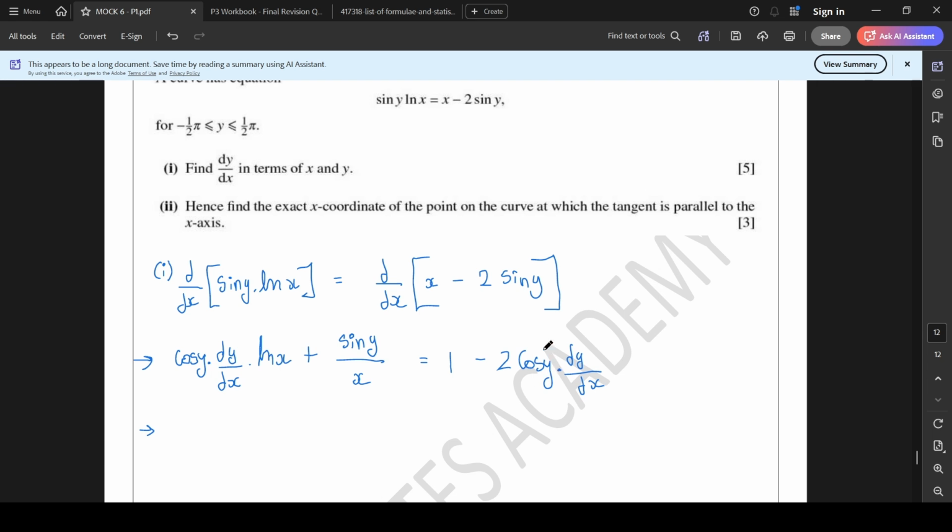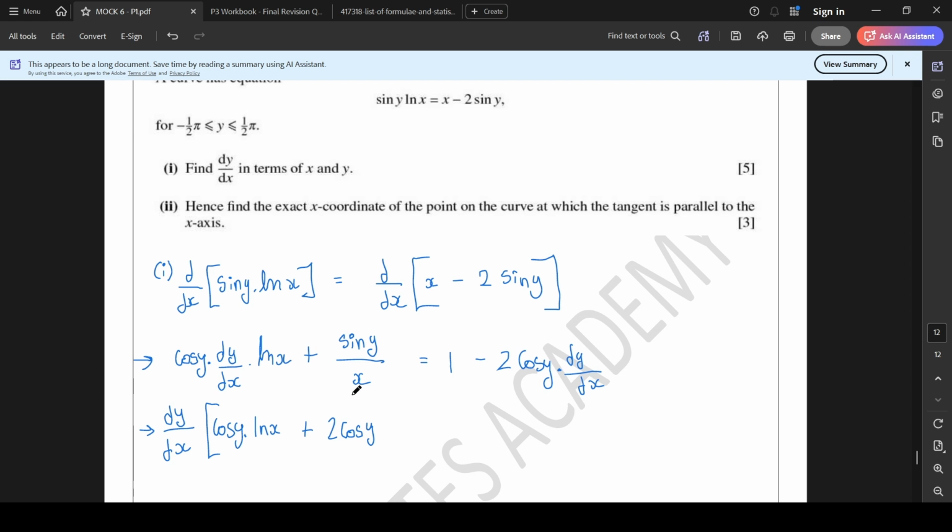I'll shift all the dy dx terms to the left hand side and keep the other things on the right hand side, and then take dy dx as common. For the first term, I can see cos y ln x is remaining, so I'll write it over here. And then if I shift this to the left hand side, it will become plus 2 cos y.